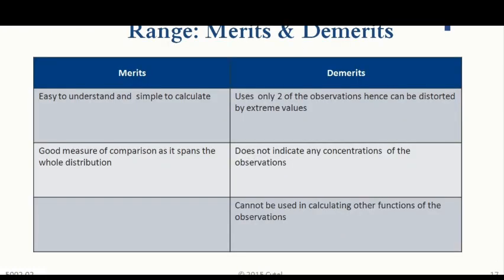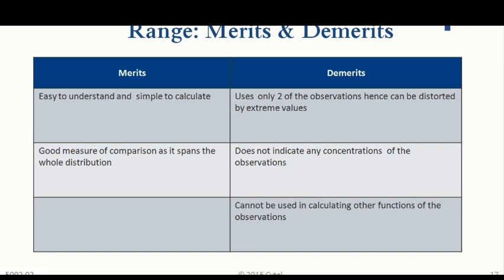So, let us now run through the merits and demerits of the measures, although while discussing these, I have gone through all of them. Range: a good measure of comparison as it spans the whole distribution, and easy to understand. Demerits: it uses only two of the observations, can be distorted by extreme values, does not indicate any concentrations of the observations, and cannot be used in calculating other functions of the observations.